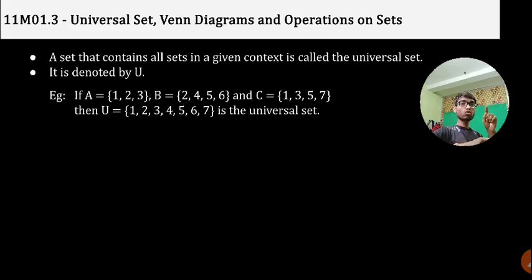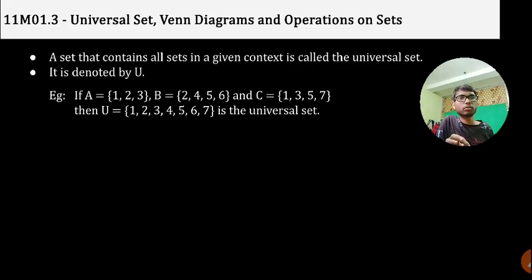Here 1, 2, 3, 4, 5, 6. Remember, repeated elements we will not take in the universal set. The universal set is unique. It is not a repetition of elements. The universal set will take unique elements, not common elements.